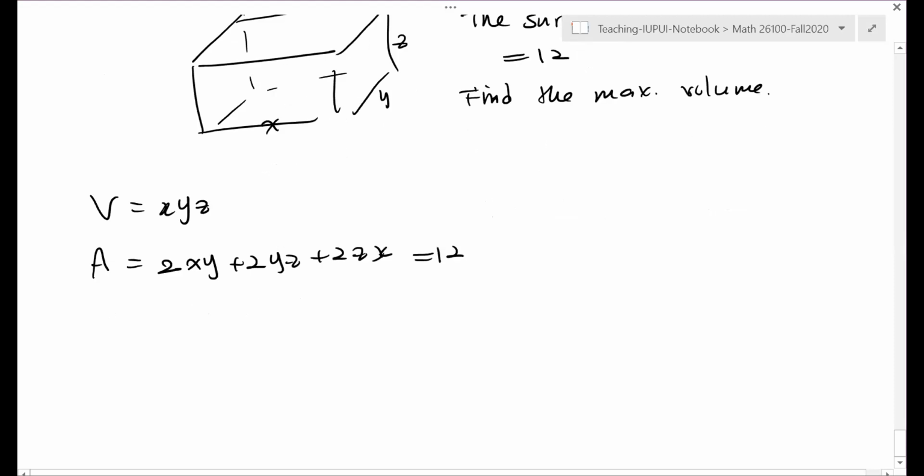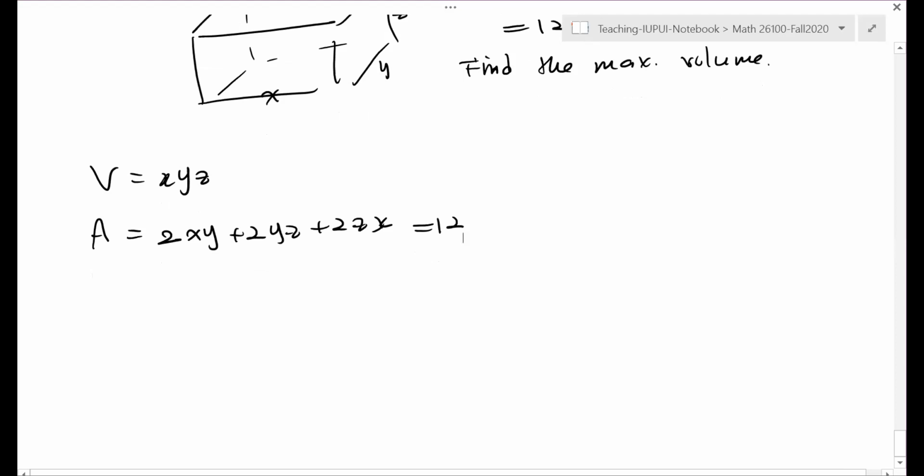So this is a typical problem, right? We have the volume function, and we have the restriction, 12. So you fix that. How do we solve this problem?